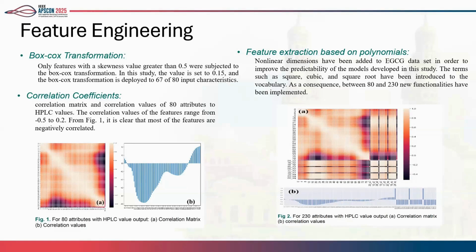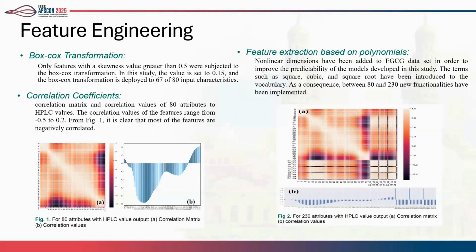For that we performed the Box-Cox transformation, a powerful power transformation, with a lambda value of 0.15. It was done on 67 out of the 80 features. Then we checked the correlation coefficients on the 80 attributes, and we are able to see that the majority of them are negatively correlated.